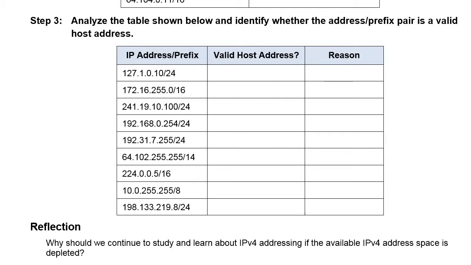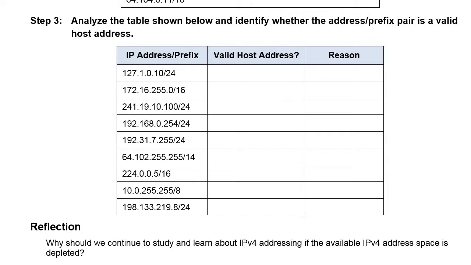The first class of those that are not valid is our multicast range, which goes from 224.0.0.0 all the way through 239.255.255.255. So that's our multicast range.